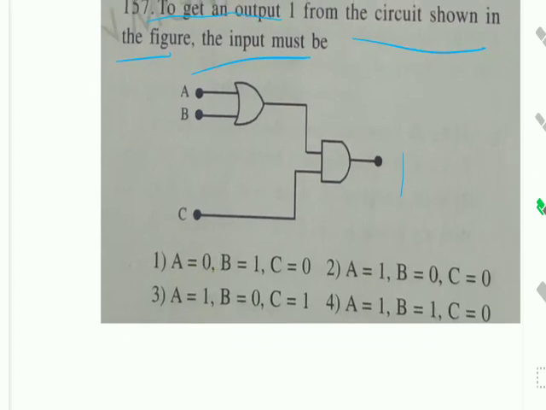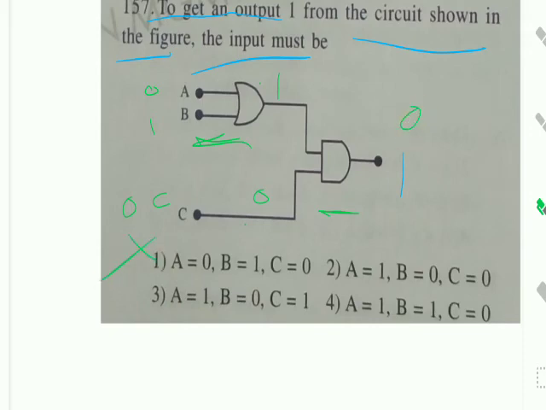First given 0 1 c. This is an OR gate, 0 1 gives 1, and c is given 0. So 0. This is an AND gate, 1 0 is equal to 0.